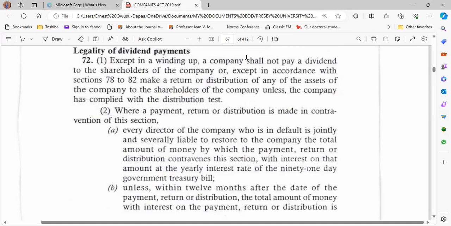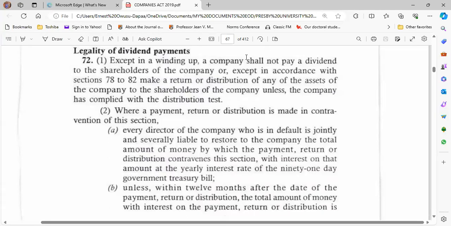So, to start with, the lawmaker is reminding the company, and for that matter, shareholders, that you can't just go about sharing or distributing profit or assets of the company in the name of paying yourself dividends.